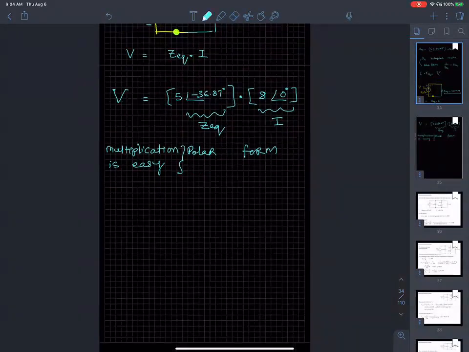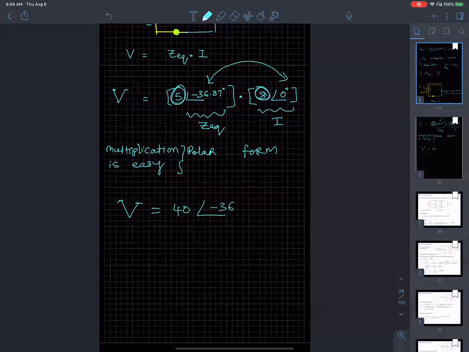In multiplication, you multiply this number with this number, which is 40, and when you have angles, you simply add them. So the voltage here, one of the things we wanted to find out, is 40 angle negative 36.87 degrees. Does that make sense?